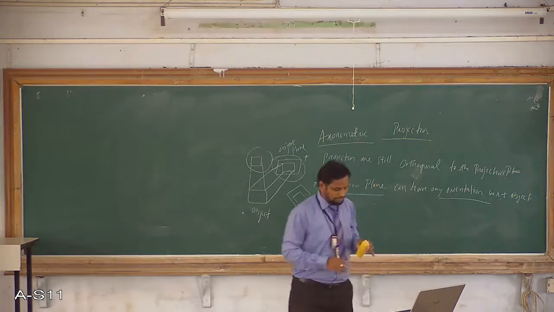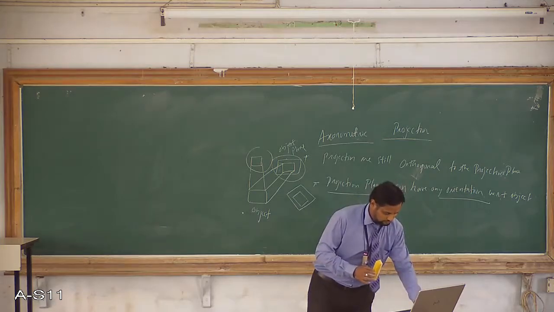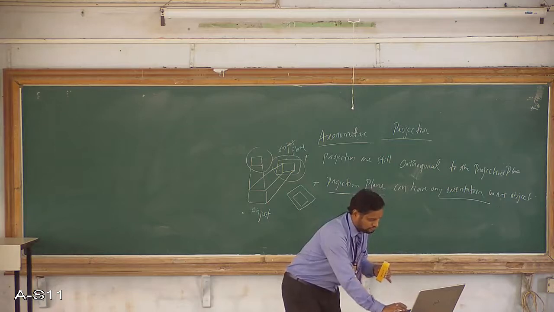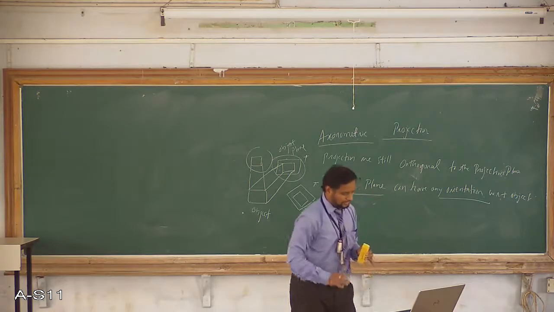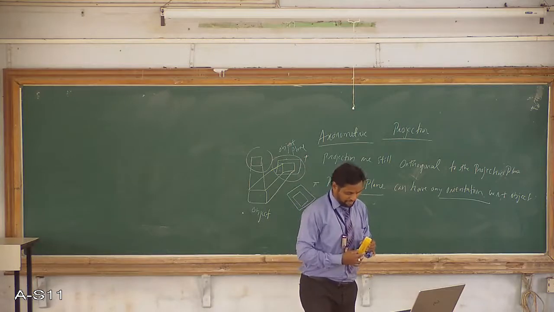Now one more type is there, isometric. When I say trimetric, there is one more view type in the axonometric views, the isometric view.